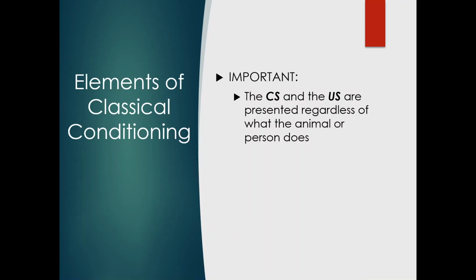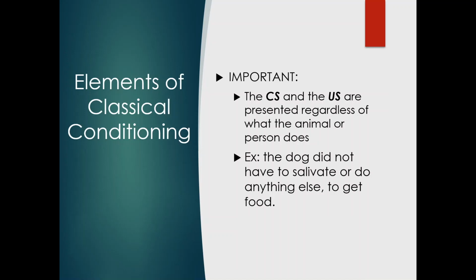No matter what their behavior is, the environment behaves in this way, where the conditioned stimulus or neutral stimulus and unconditioned stimulus are presented. When behavior becomes involved, when that dog or whoever is being conditioned has to elicit a specific behavior for something to happen, that's operant conditioning, which we will get into later. An example here, the dog did not have to salivate or do anything else to get the food. Those occurrences, that pairing, happened regardless of its behavior.